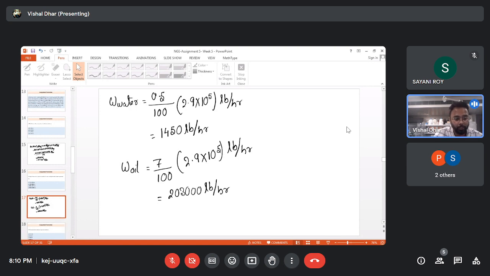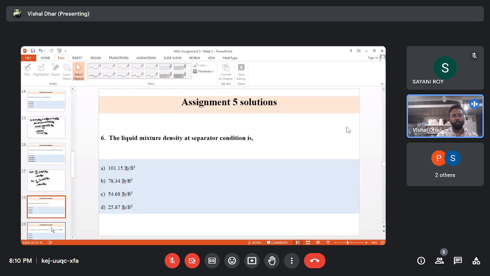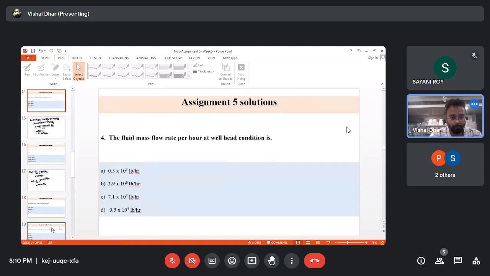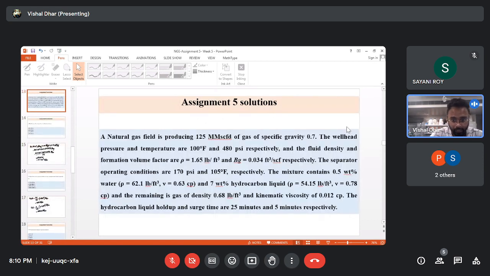Okay, we'll go to the next question. Question 6. The liquid mixture density at separator condition. It is a continuation of the main data. This is the data given.